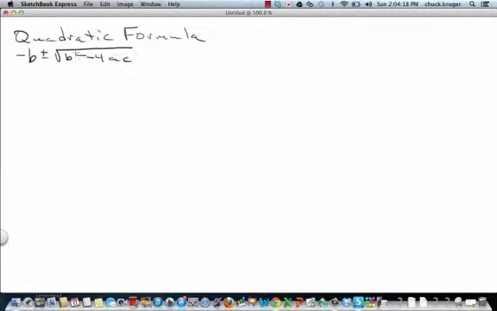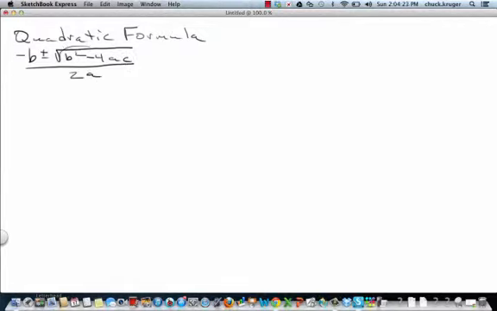I want to look further at this thing called the quadratic formula. Let me just rewrite what it is. It is the opposite of b, plus or minus the square root of b squared minus 4ac, all over 2a.